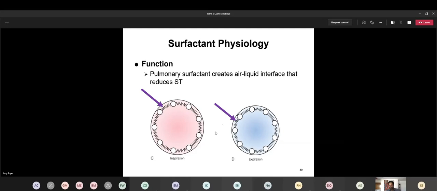So really what's happening is the surfactant, as we know, has a hydrophobic end and a hydrophilic end. And the hydrophilic ends are going to, let's see, what can we do? This would be, say, the alveolar surface here.